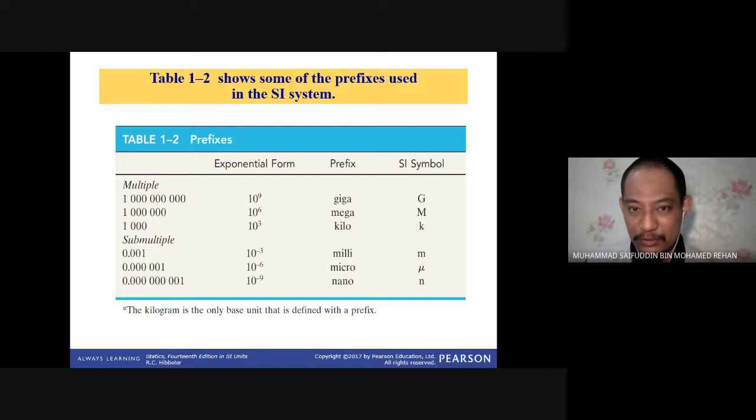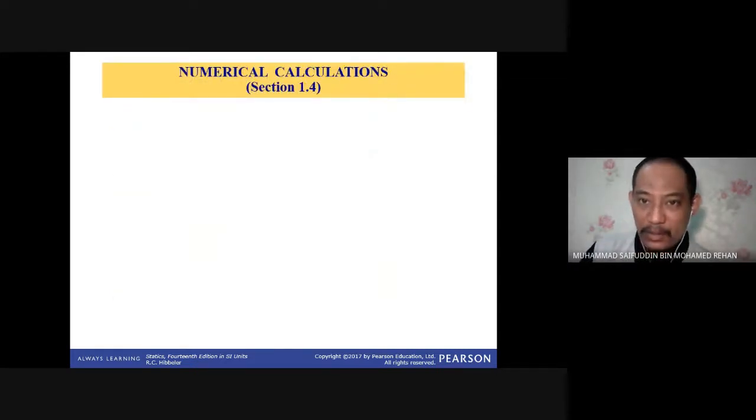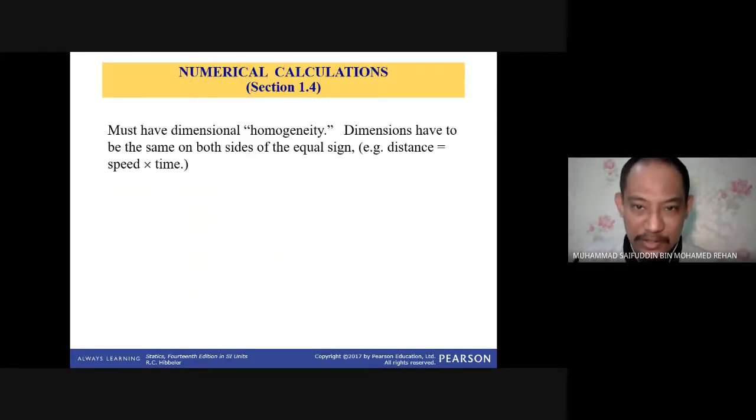Because in statics we do not deal with micro or nano size, right? We deal with bigger things. In terms of calculation, obviously when you have an equal sign, something equals something, it should be equal, both in value as well as the meaning, right? So if the units do not equal each other, then that's a problem.